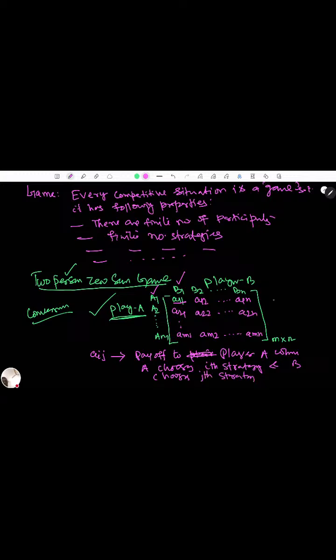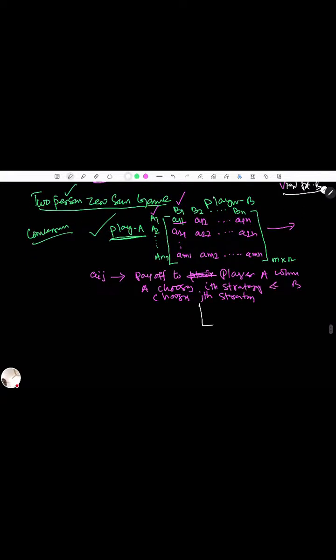Now the same game, if we want to see it from the viewpoint of B, if I write player B here and player A here, that means I am writing the same game from the viewpoint of B. This is the payoff for player A, so the gain for player B will be minus A11, minus A12, likewise minus A1n, minus A21, minus A22, and so on.